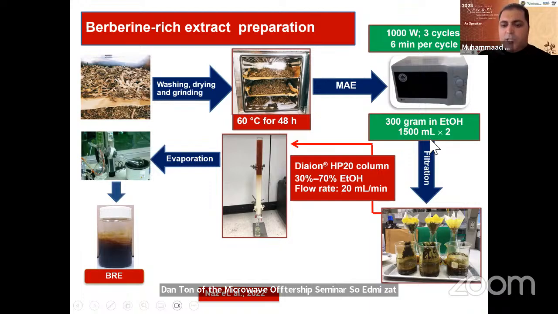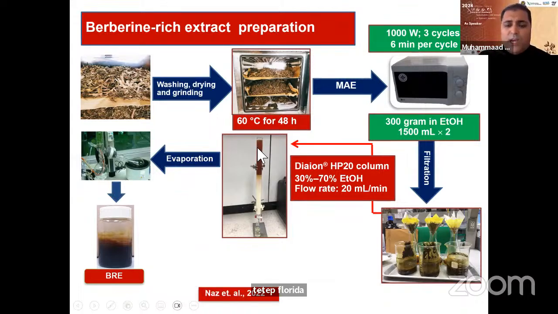After extraction, we did filtration, and this filtrate was passed through Diaion, which is a synthetic resin used for the enrichment of compounds. We used a Diaion column at a flow rate of 20 ml per minute, and the solvent used for enrichment was 30% to 70% ethyl alcohol in water.